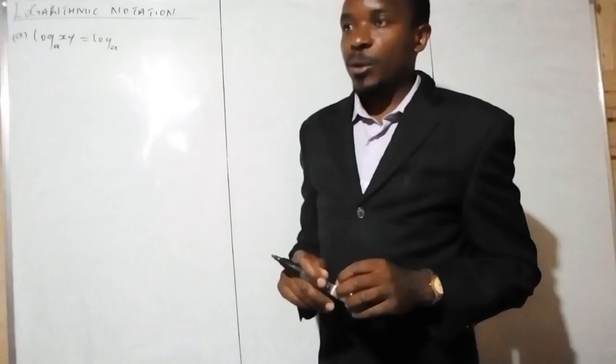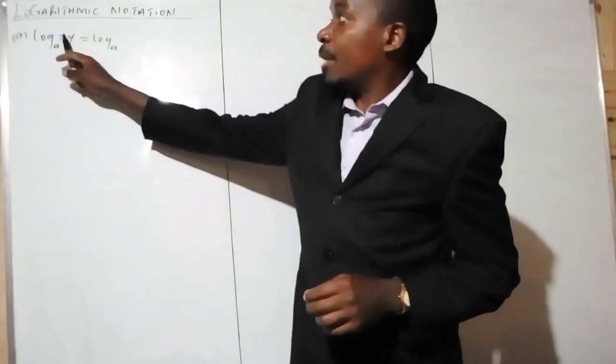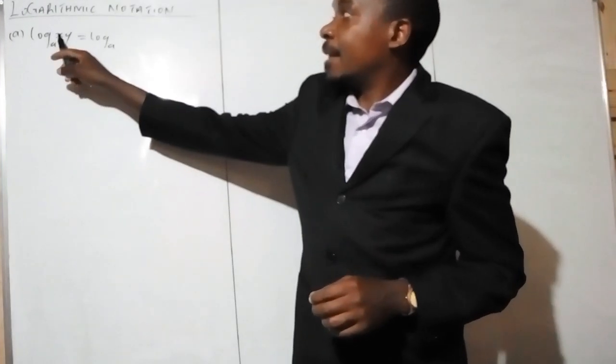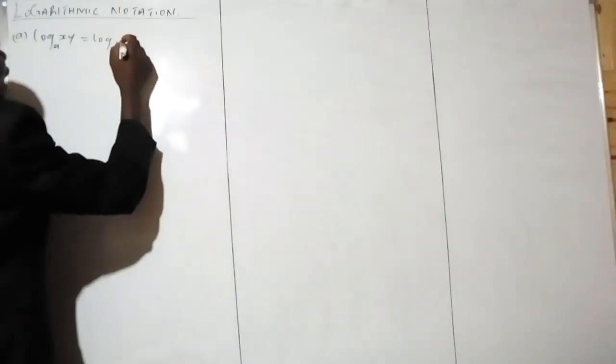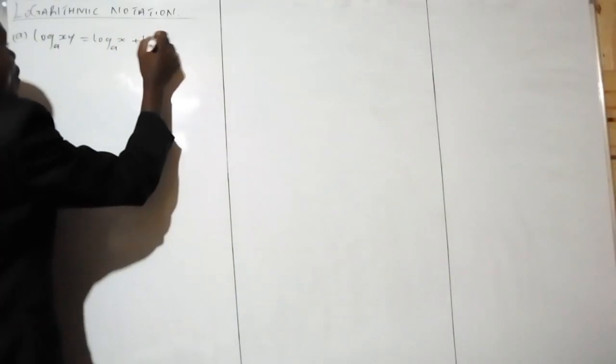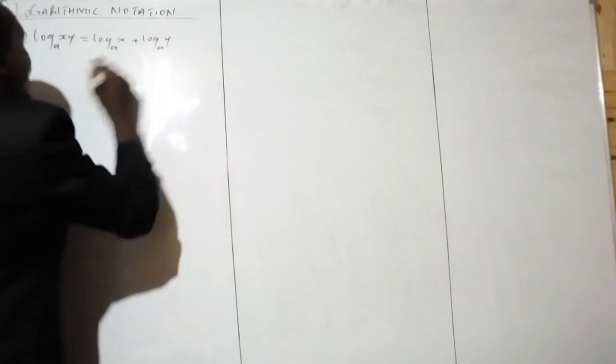In this case we have xy, it's like x times y, and you are supposed to add to have log a x plus log a y. This is one of the rules of logarithm.